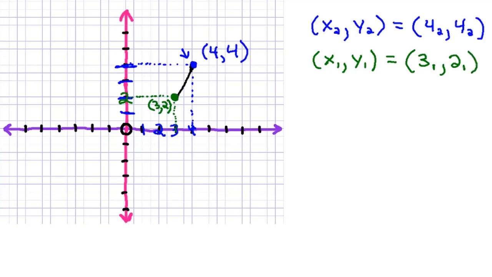Okay? Now, as I said, the algebraic formula that you're going to be seeing when you take tests, for the slope, is y2 minus y1 over x2 minus x1. So we are going to plug in these values and do the subtraction and get a fraction.